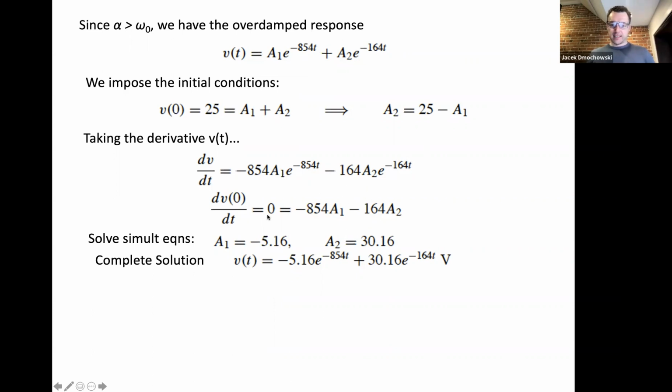And we get that 0, which is our initial condition on the derivative of v, must be equal to negative 854 A1 minus 164 A2. So now I have 2 equations and 2 unknowns, so we can solve for A1 and A2. And once we solve for them, we plug them into the general form of the solution.